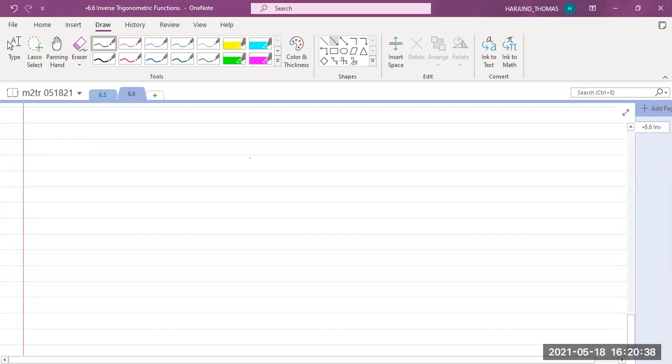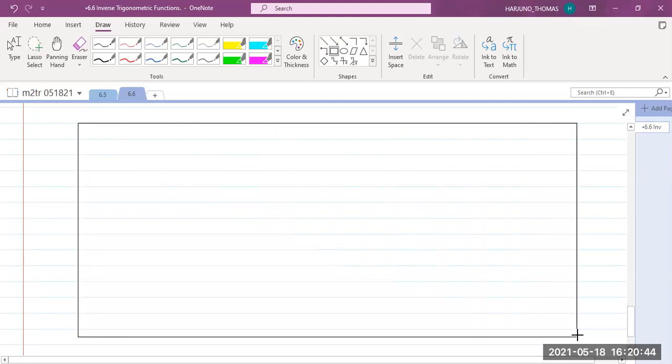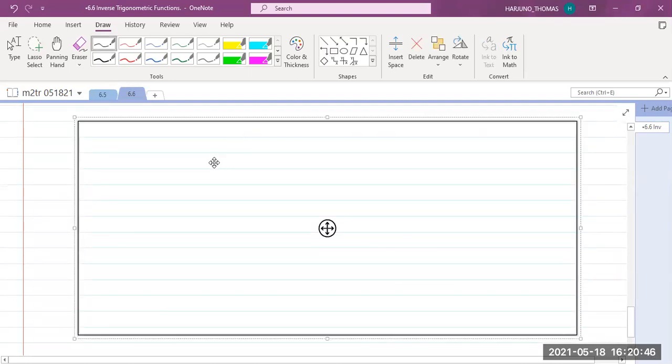Now, what I did in the past was this. Imagine this is my whiteboard in class. I purposely write something right in the middle here, like a button called restricted domain.